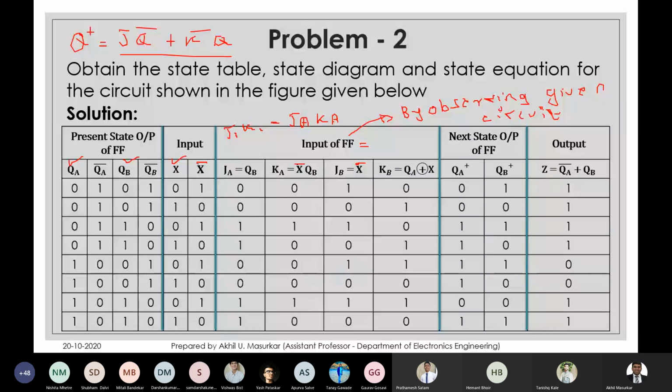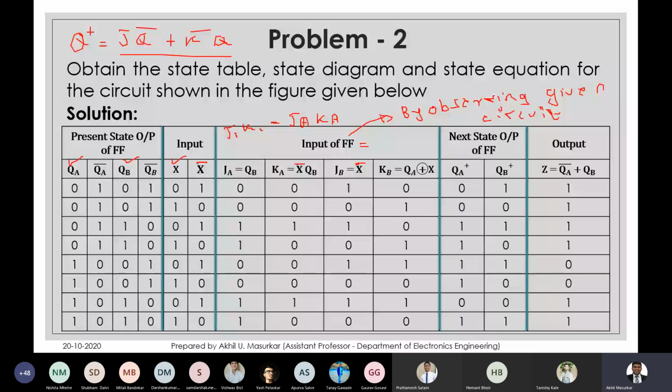That's what it is. But now if you look at this, the equation is really very clumsy, because there are three inputs, J, K and Q, and we may have to add more columns to find J Q bar, K bar Q, and then OR it, and do this twice for QB as well.